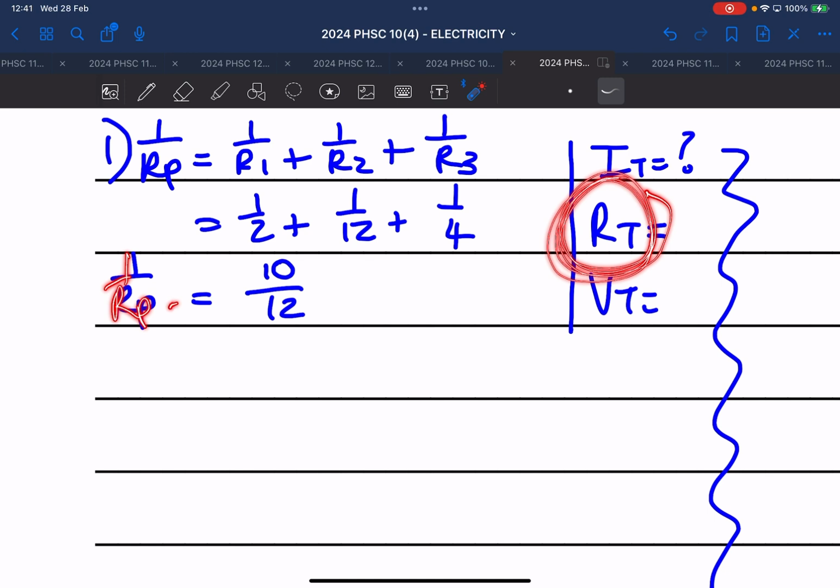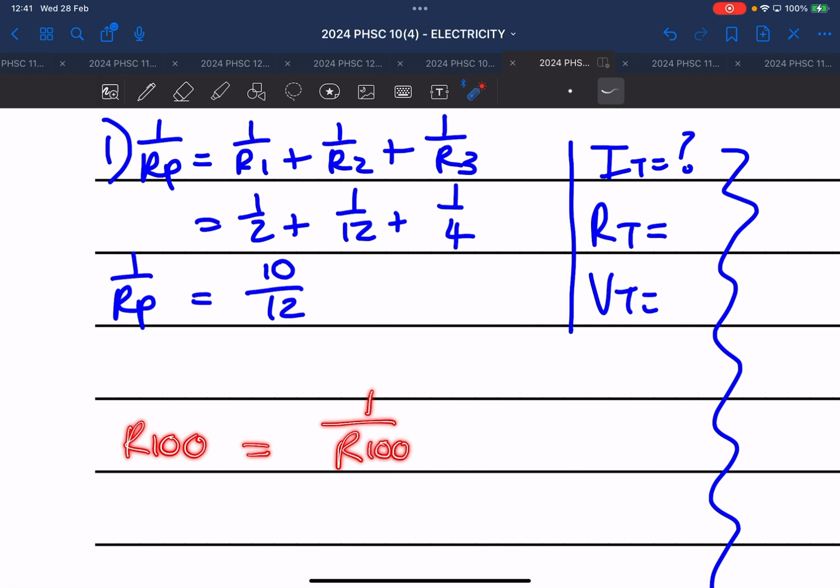If I owe you 100 Rand, is it the same as saying I owe you 1 over 100 Rand? Great stuff, then I only owe you 1 cent. So no, they are not the same.